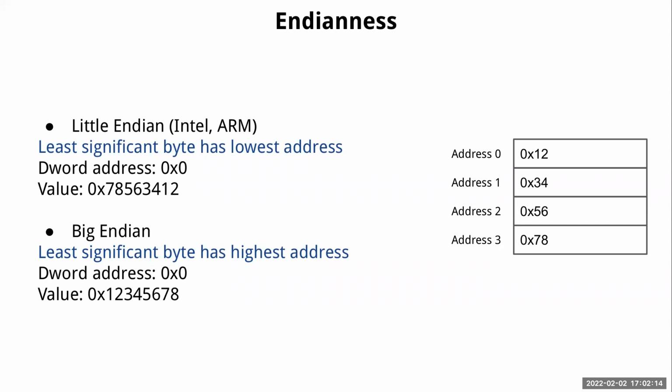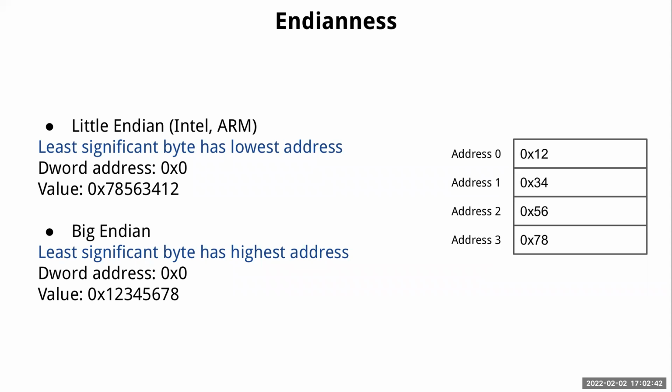So in little endian, we store the least significant byte at the lowest address, and the most significant byte at the highest address. For example, here we have 4 bytes, so 4 bytes is 1 integer, at address 0 to address 3.